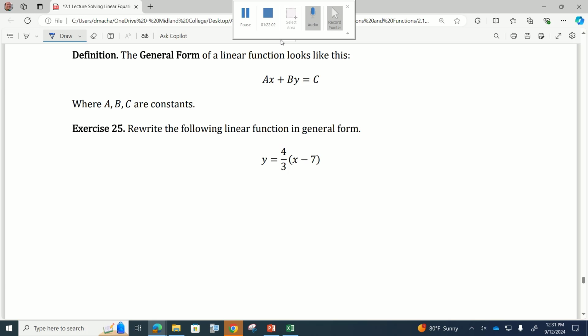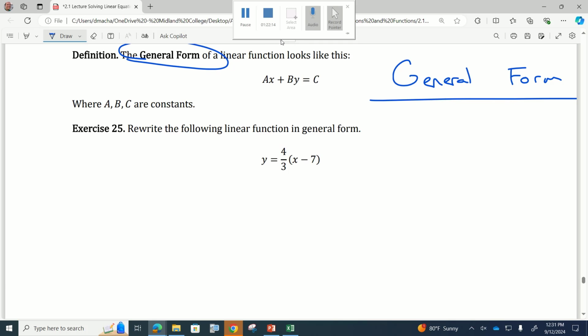General form. I know we've already learned way too many forms, but the general form of a linear function or a line looks like ax plus by equals c. So if I ask you to rewrite the linear function in general form, that means we can rewrite this as 4/3 x minus 7 times 4/3, which is negative 28/3.